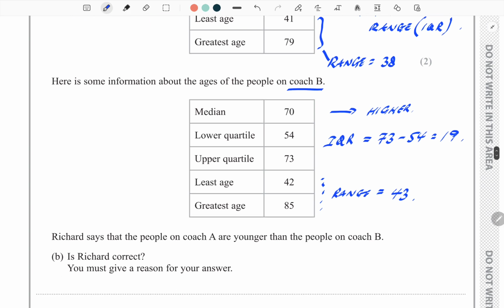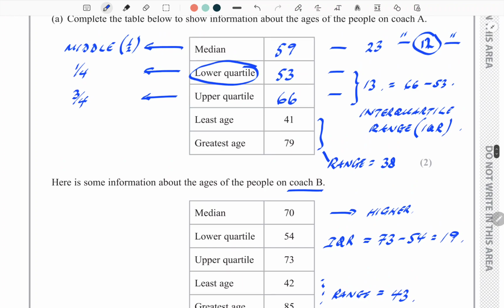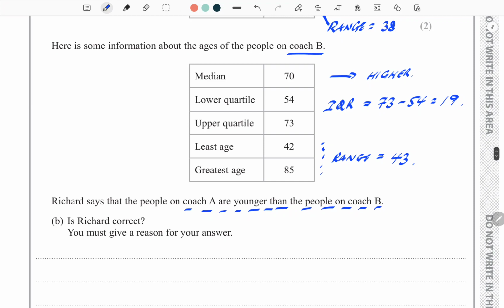Okay, so the question says, Richard says that the people on Coach A are younger than the people on Coach B. And the answer to this, is Richard correct, is actually yes. And the main reason for that is the median. So let me explain that.